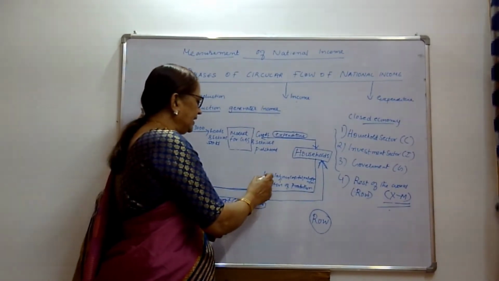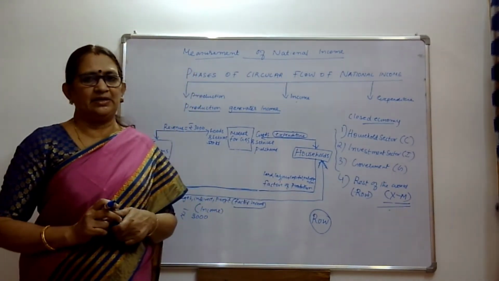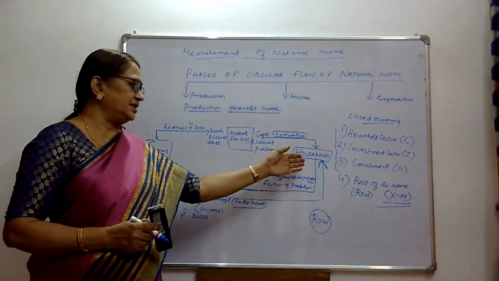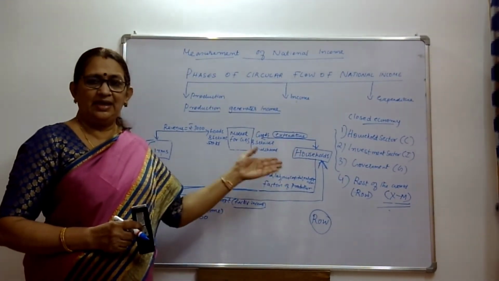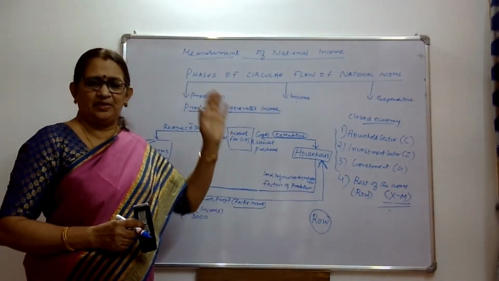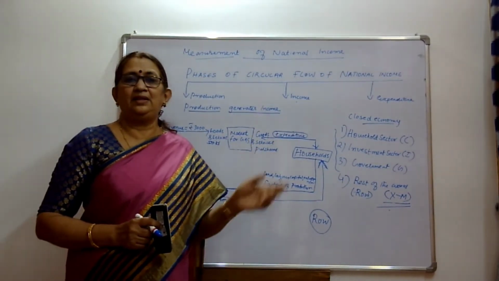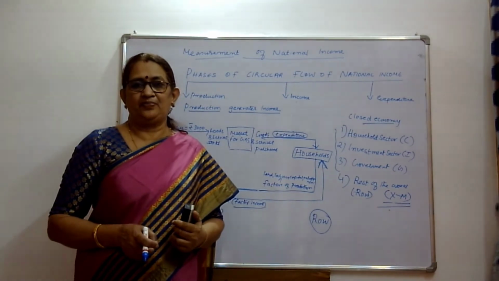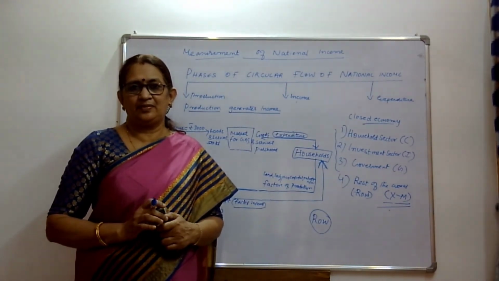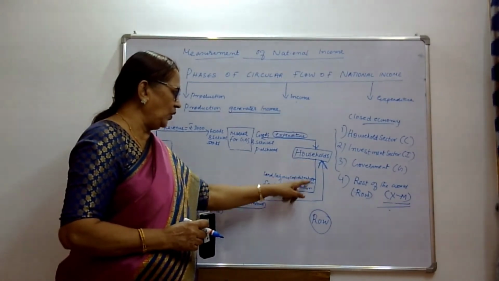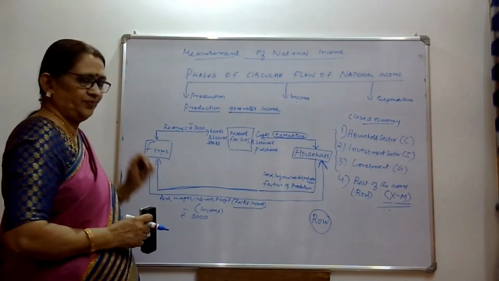That is land, labor, capital and entrepreneurship. These four are provided by the household sector. They are flowing to firms and helping in the production of goods and services.